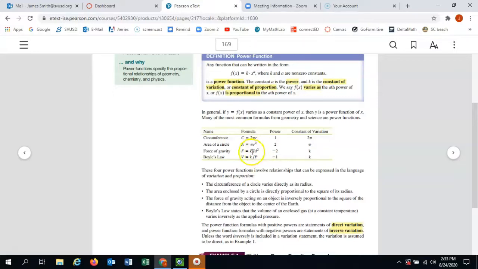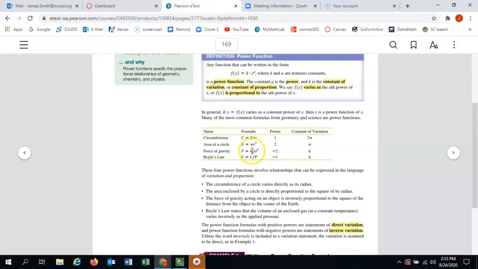So you could write this as k times d to the negative second power, or if you want to make your exponent positive, you move it to the bottom like they did, and now it's k divided by d squared, right? And so that's where they're identifying the exponent as a negative exponent, because now it's on the bottom.